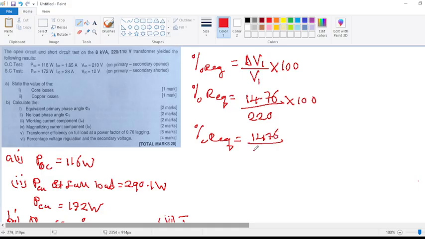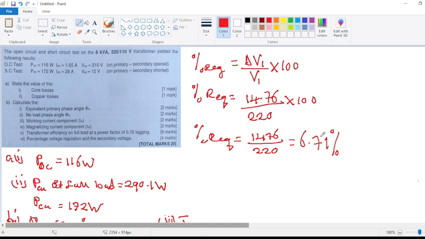Then you divide it by 220, and we are going to have 6.71 percent. So this is the percentage voltage regulation of the transformer.